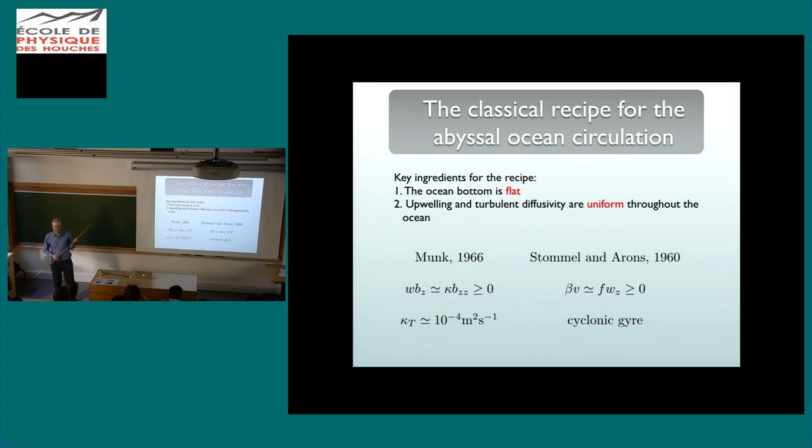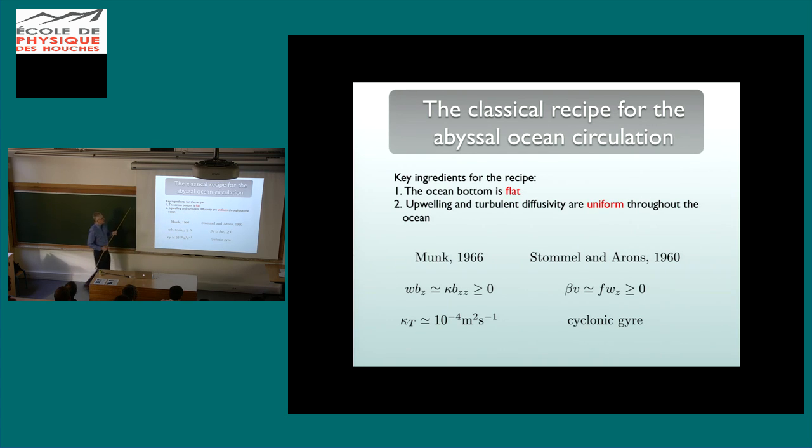It's not that anybody strictly believed them, but the question is, in some cases, to see whether some of those assumptions were a bit too simple and impacted the solution to an extent that it made it not particularly relevant. One was that the ocean bottom is flat. You remember in Stommel's argument, he wants to have this upwelling and assumes that the vertical velocity at the ocean bottom is zero because it has a flat bottom. So that is built in their theory. We know that the ocean, well, we'll come back to that.